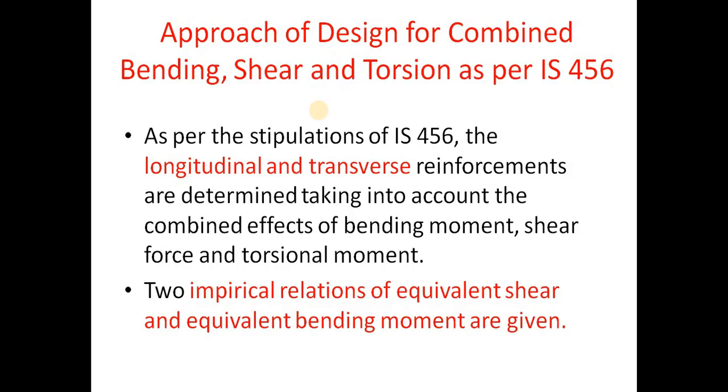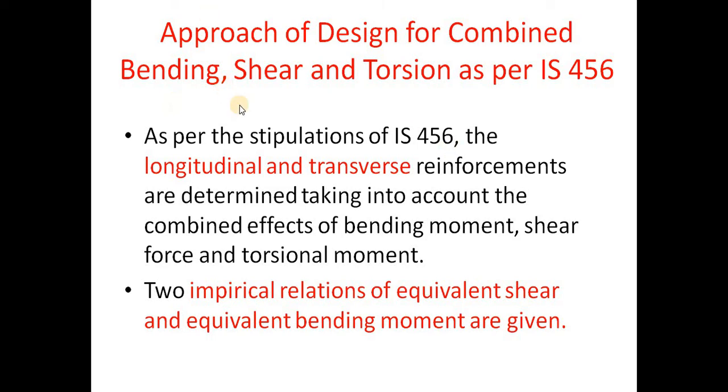Now, what is the design approach when there is combined bending, shear and torsion as per IS 456? So we have studied the behavior, we have studied the analysis, and now we are studying the design parameters. Mainly in your syllabus, design for combined bending, shear and torsion is given. That's why I have not concentrated on the analysis part much.